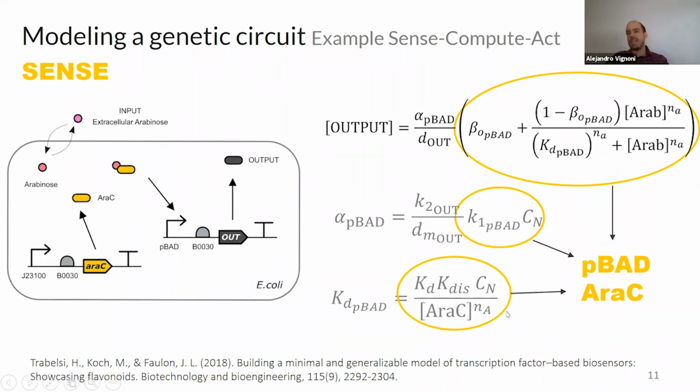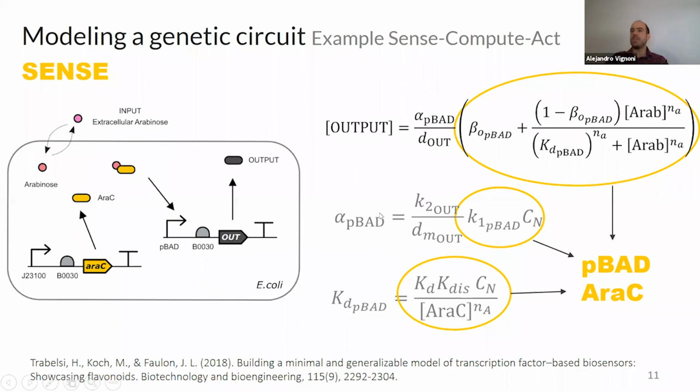So this is taking into account that information. If you have a higher copy number plasmid, the Kd representing this promoter will be much higher, because it means you need a higher amount of the inducer to be able to reach the activation level that you want, okay? And that's why copy number is here also.